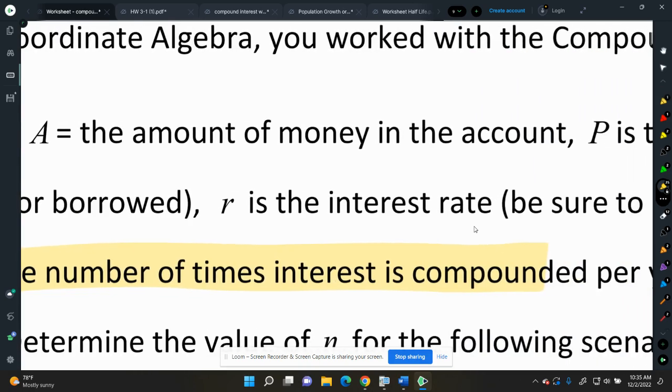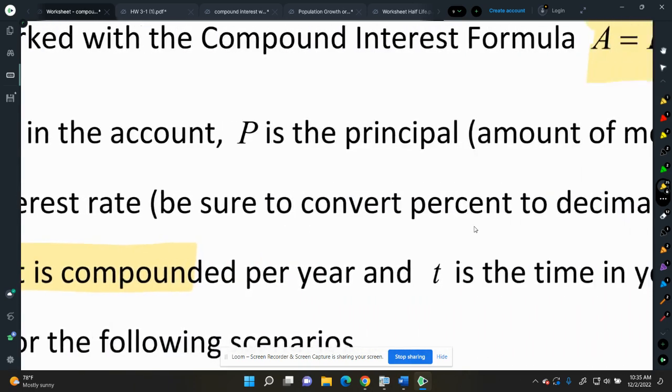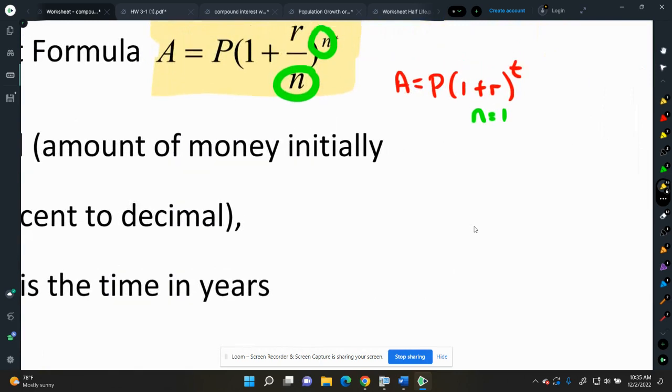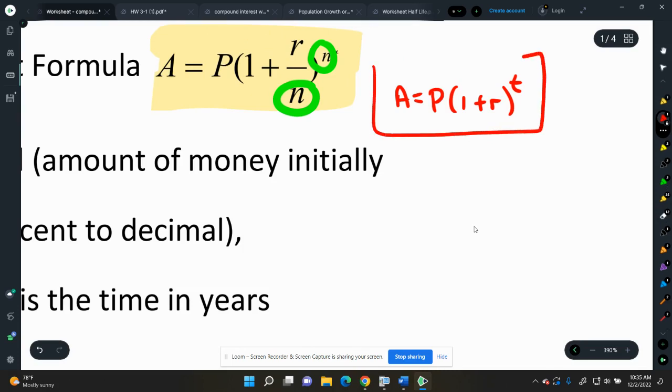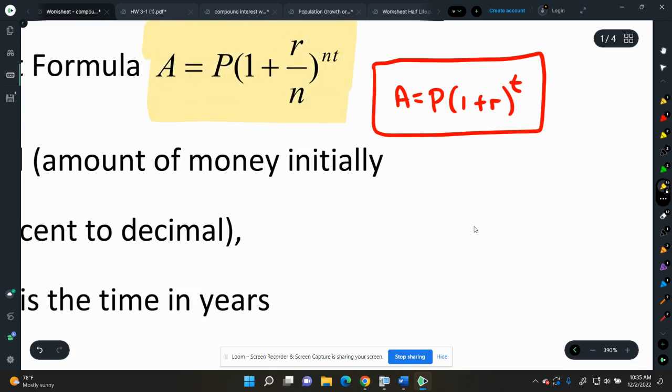So if we have something that is compounding annually, then it would compound one time a year. So the N would be a 1. And in that case, this would be the formula that we would use. But it's the same as that formula. It's just that the N is 1, okay?